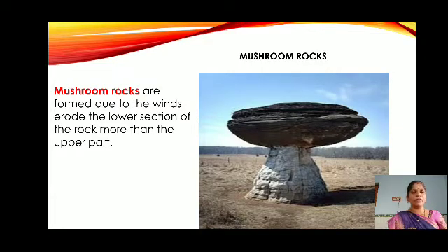Normally the wind blows and erodes the bottom of the rock, maybe because the bottom is weak. So the wind erodes the bottom while the upper part remains as it is, and it looks like a mushroom. That is called a mushroom rock. In this way mushroom rocks are formed.